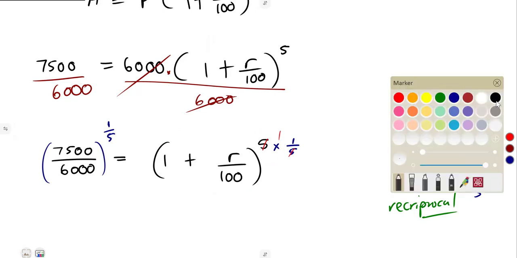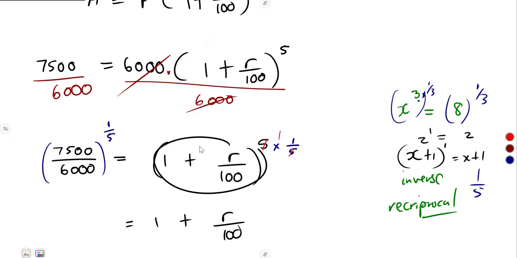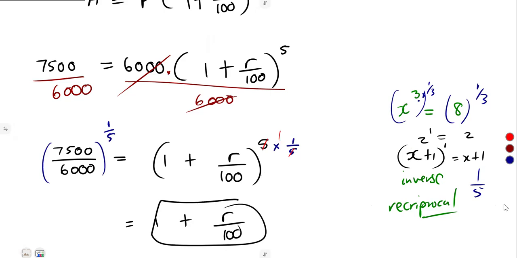So you are just left with 1 plus r over 100, because a bracket to the exponent of 1 remains as it is. 2 to the exponent of 1 is 2. So this bracket to the exponent of 1 is going to remain as 1 plus r over 100.